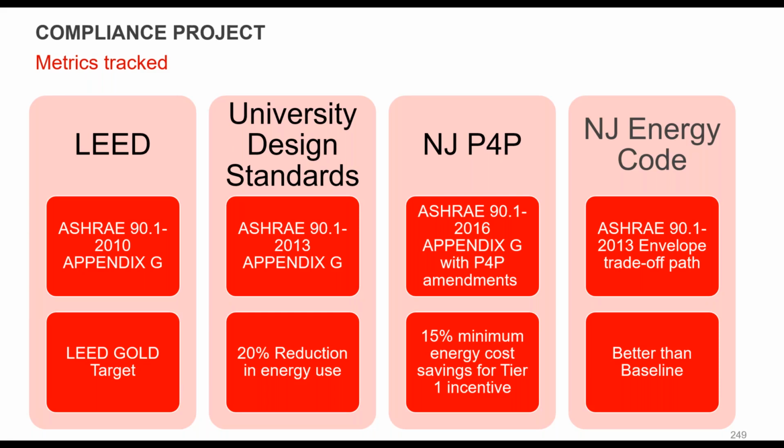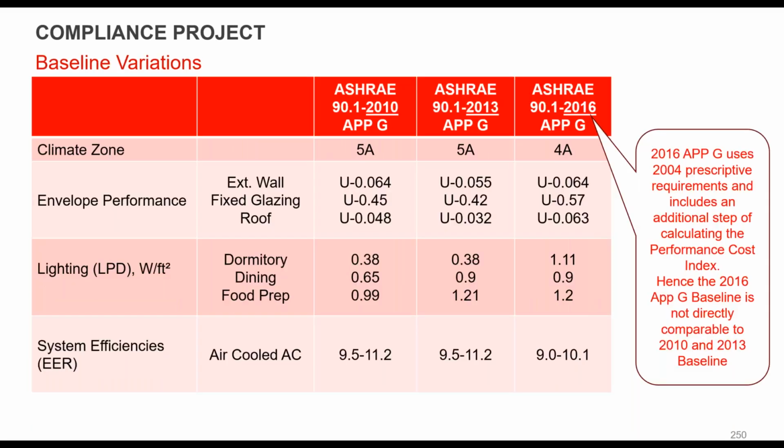So there are adjustments there for that. And then finally, the New Jersey Energy Code just says better than baseline, and it's using 2013. So if you see there, we've got 90.1 2010, 2013, and 2016, but with some amendments as well. So we're looking at various baselines for our standard design.